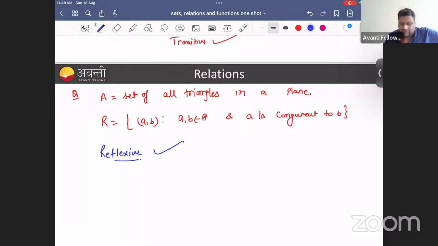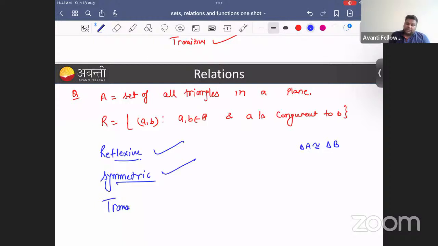So this is reflexive. Now, is this relation symmetric? Yes, because if A is congruent to B, then definitely B is also going to be congruent to A. If triangle A is congruent to triangle B, that means B is also congruent to triangle A, so it is also symmetric.